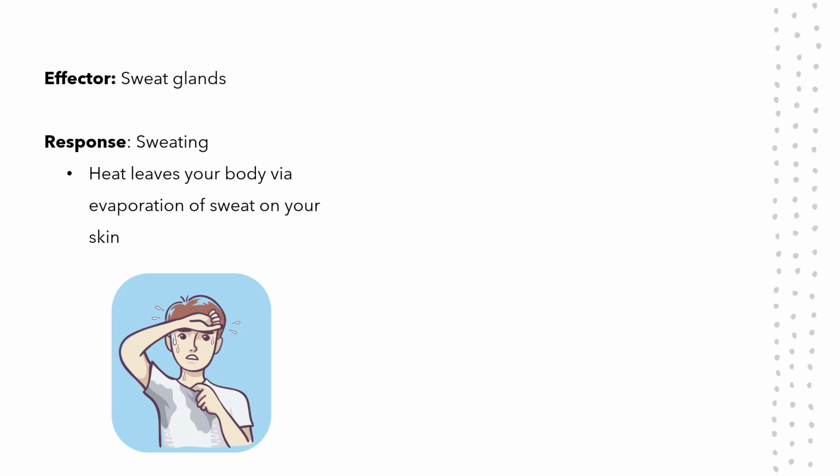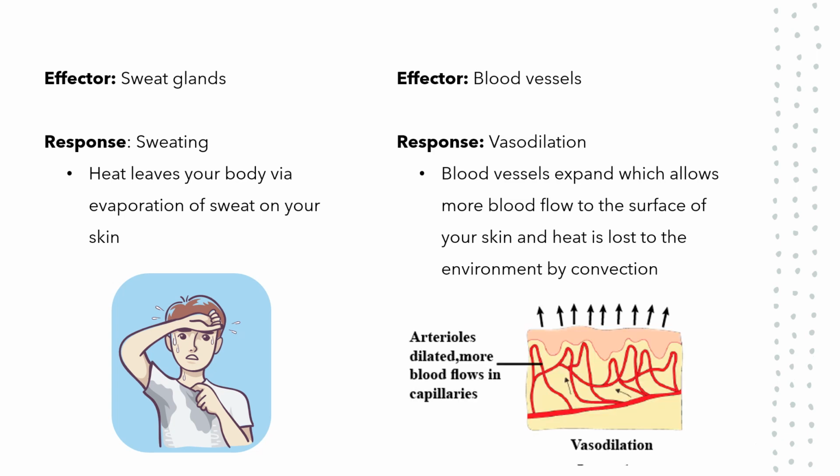So if we're looking at the effector, which is sweat glands, and we're going to look at that in a little bit of detail here, the response is sweating. As heat leaves your body via evaporation of sweat on your skin, you cool your body down. So that's how this response will cool your body down and counteract that stimulus. Another one that I really like is your blood vessels as an effector, and so they produce a response of vasodilation.